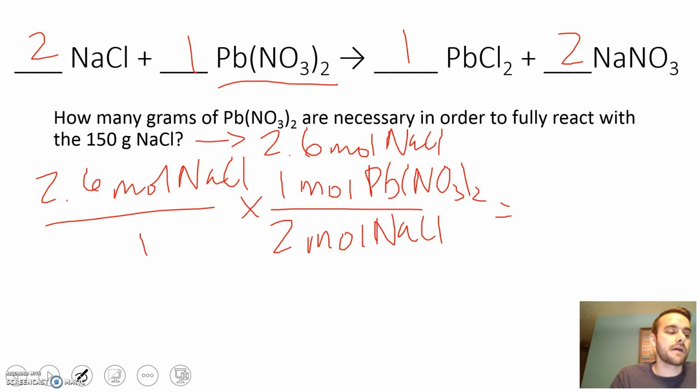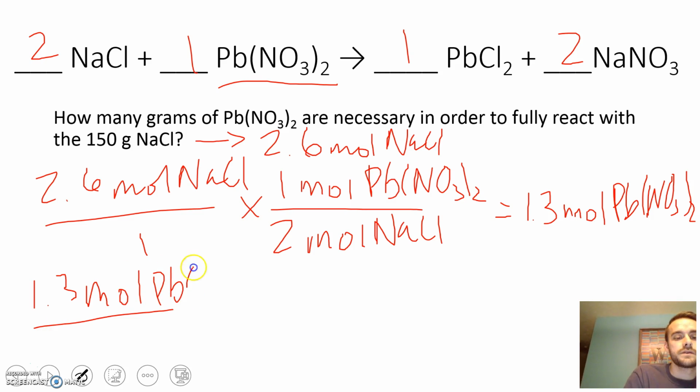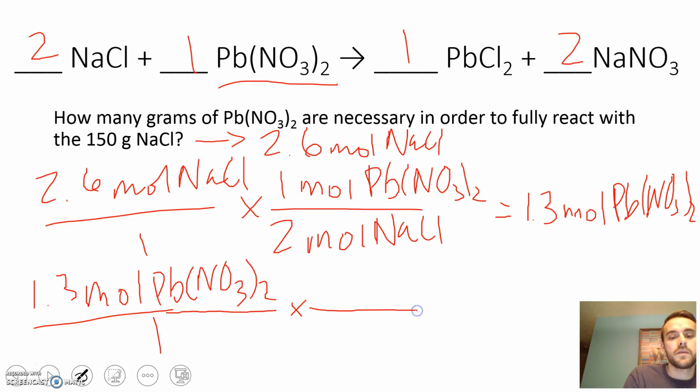And when I do that math, I get my 1.3 mole of Pb(NO3)2. Then, as the next step, I can quickly convert to molar mass. So I'll take my lead nitrate, 1.3 moles, put that over 1, and multiply by the molar mass from the table of lead nitrate.